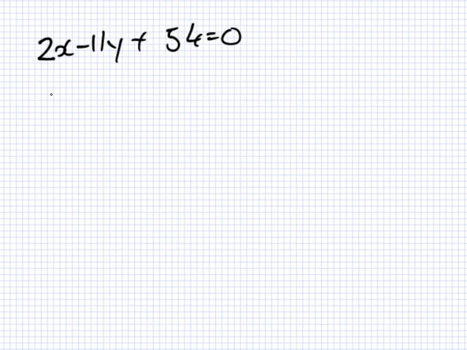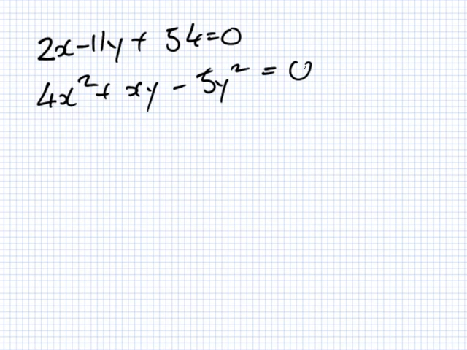We have 2x minus 11y plus 54 equals 0, and 4x squared plus xy minus 5y squared equals 0. And the trick here is we have to factorize this quadratic.